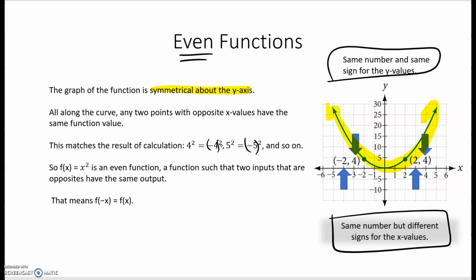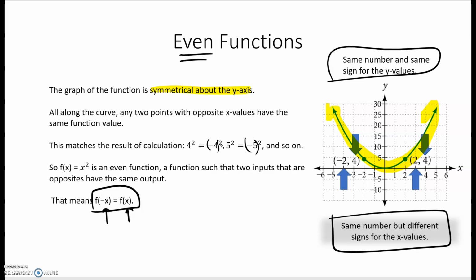Because it is a function such that 2 inputs, which your inputs are your x values, that are opposite, like 4 and negative 4 or 5 and negative 5, have the same output or y value. For the 4, they were both 16. For the 5, they were both 25. So it boils down to this right here. Notice you've got an x and an x.